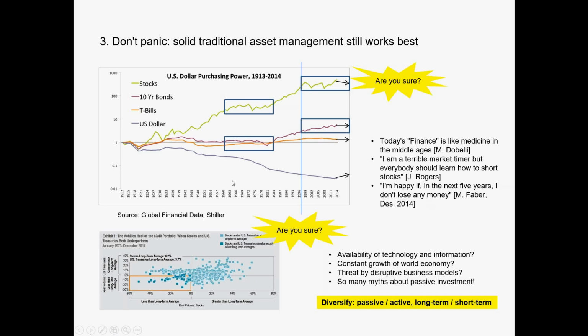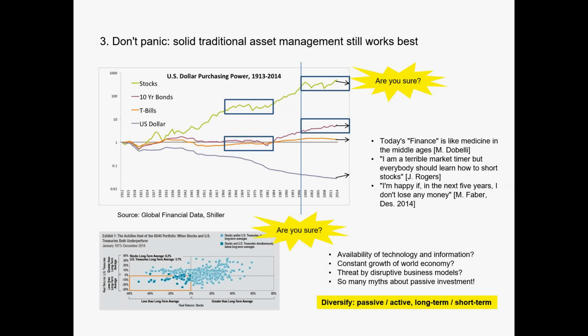Okay, and that's, I think, really an important topic. We can maybe go on with the discussion in the weeks coming. Is the solid traditional asset management, buy and hold strategy, global stocks and treasuries, really the holy grail?